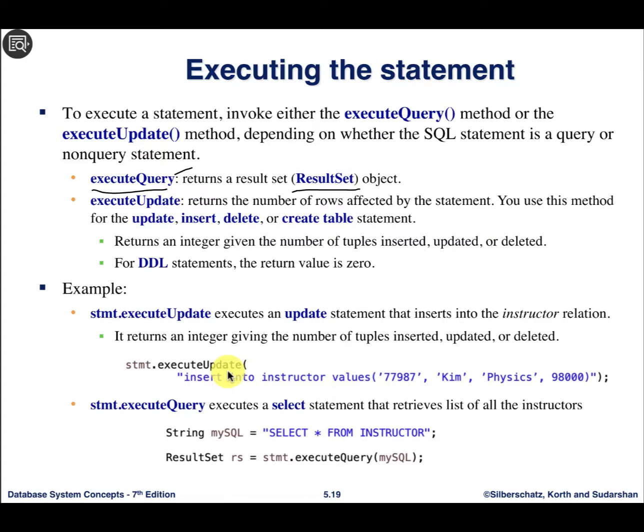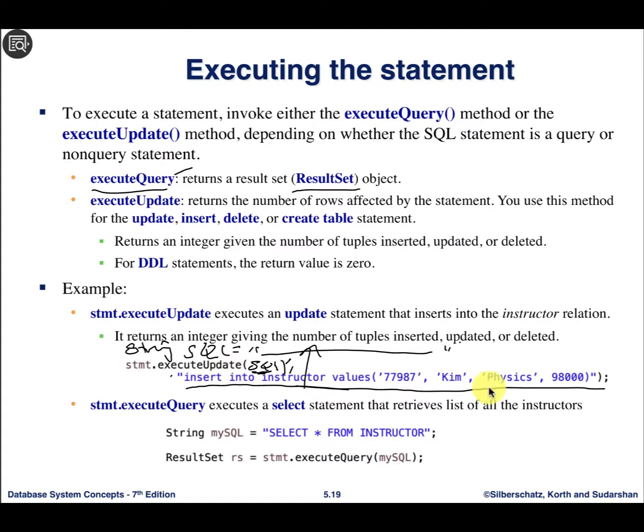So generally speaking, either you're going to write this one as a string here, or maybe you're going to say string SQL equals this information here. And here when I say statement dot execute update, I'm going to say SQL, and the SQL is going to be the command that I want to execute. Okay?